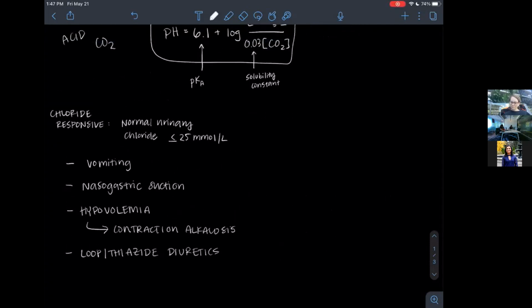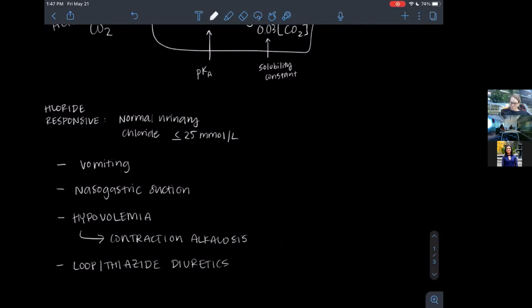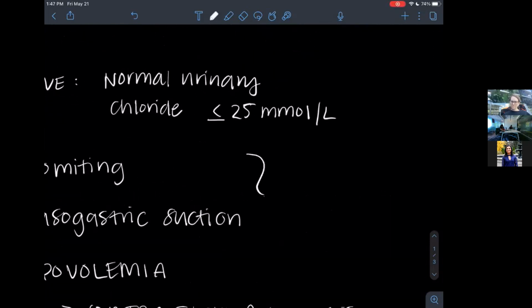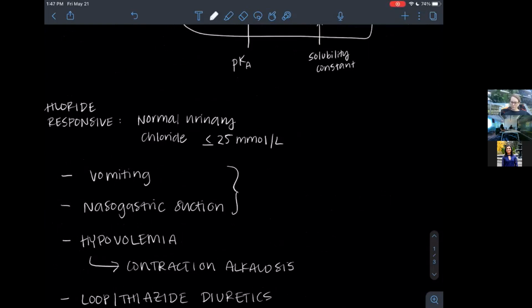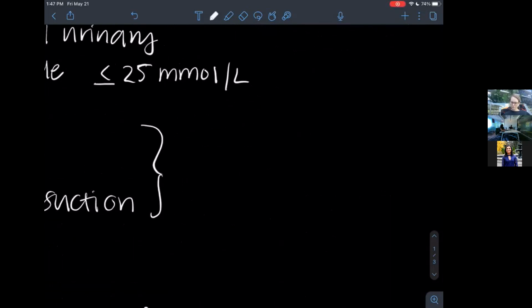If we're looking at any sort of GI acid loss, that's going to be your vomiting or your gastric suction. The idea is that in your stomach, you're going to have parietal cells. It's very basic GI. Your parietal cells make your hydrochloric acid.